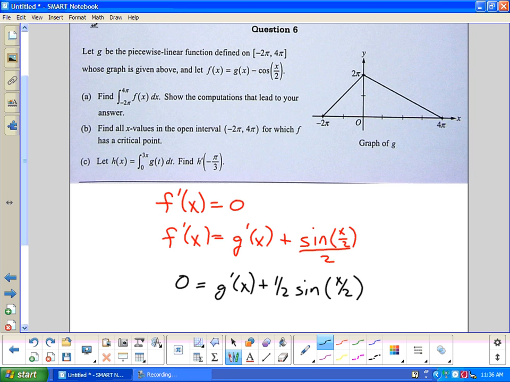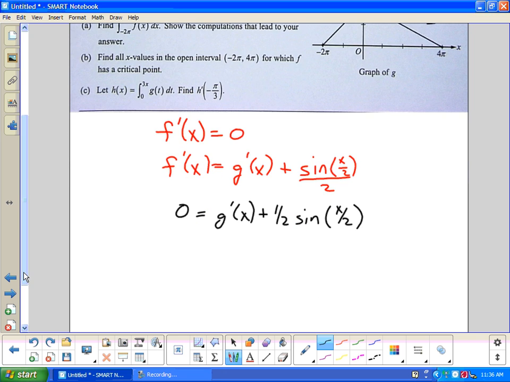Now, do you guys agree there are 2 values for g prime? When we look at the graph right now, this is the graph of g. There are 2 values. There are 2 lines. You guys agree that I think the slope of this line is just 1. We should see that immediately. The slope of the other line is negative half. All right? So I would argue that we have a piecewise function.